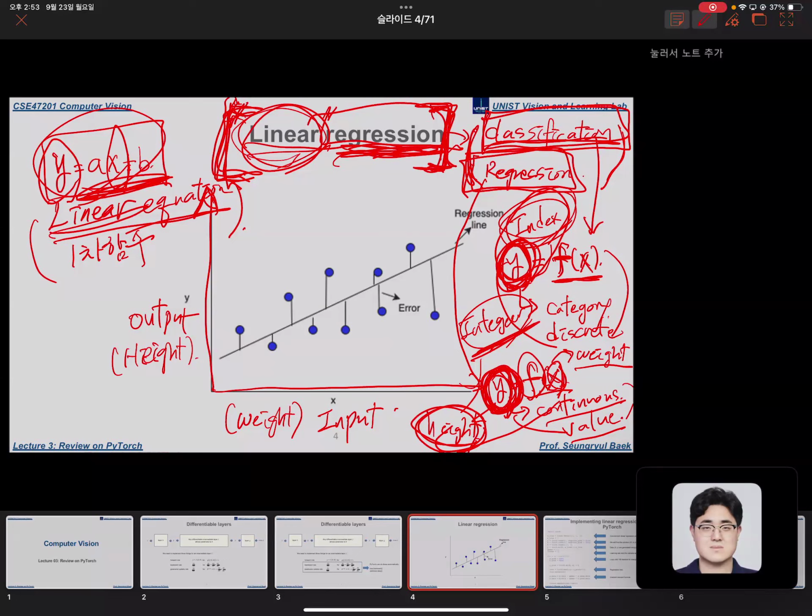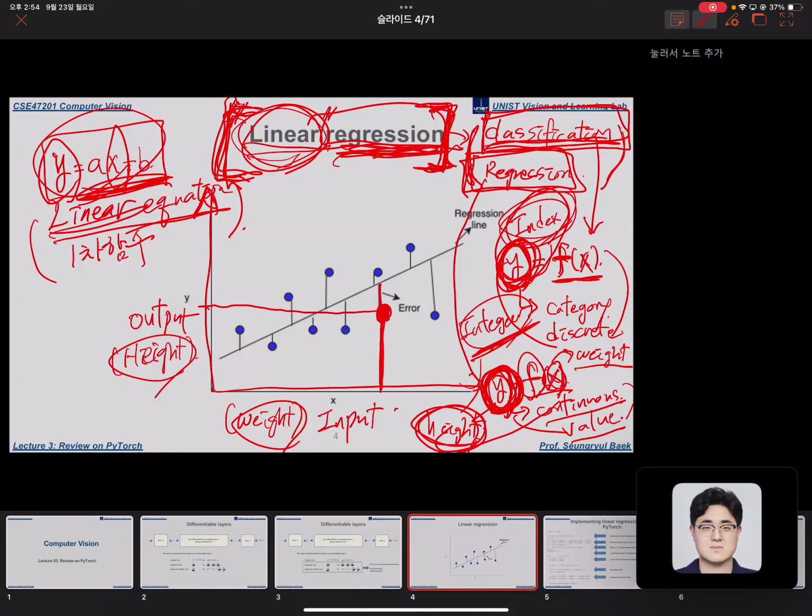If a person's height has a high value, then their weight will also be high. So when the weight of a person is given, we can somehow estimate their height value.